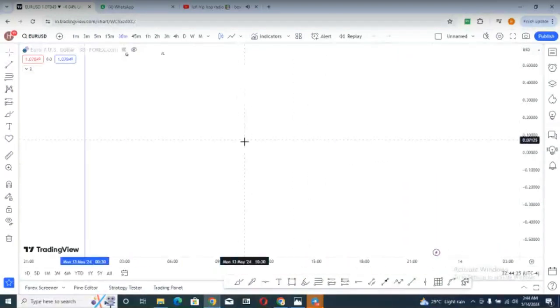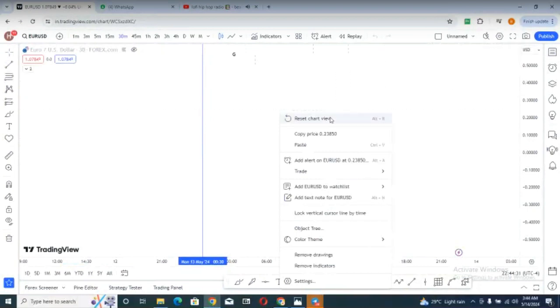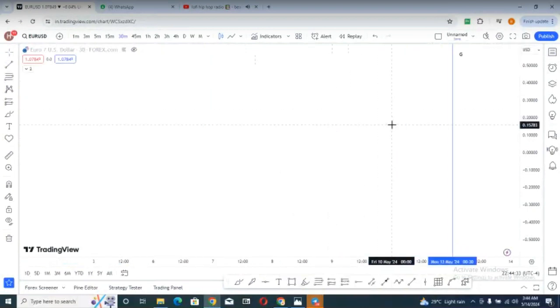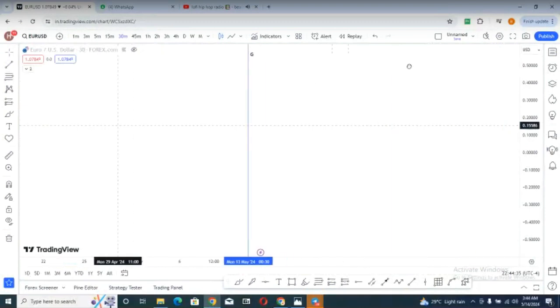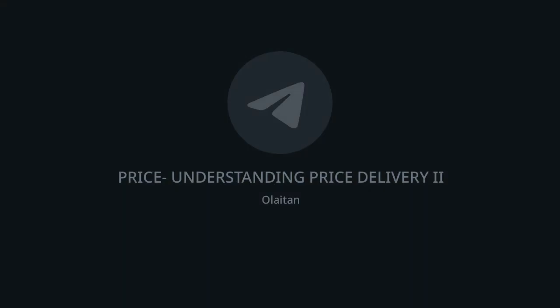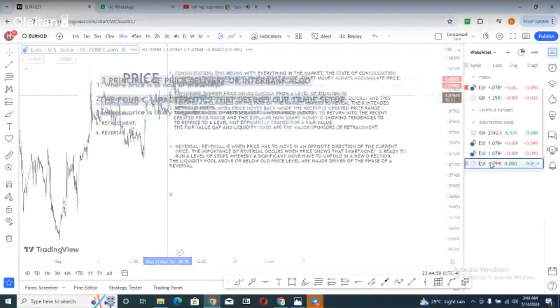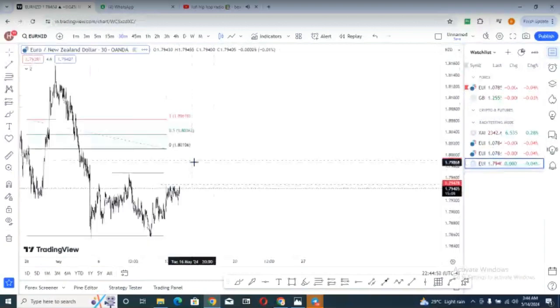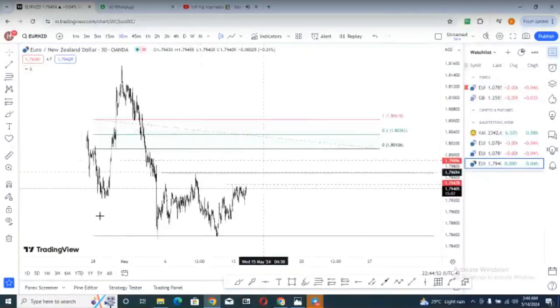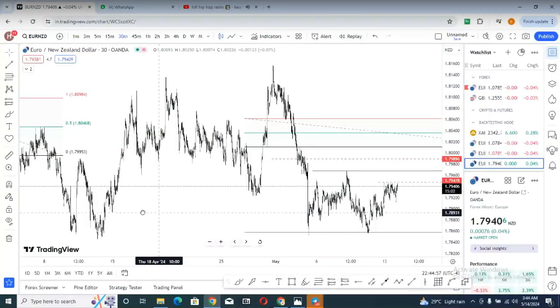So to sponsor the expansion at this stage. Now, presently price is in a state of consolidation here.